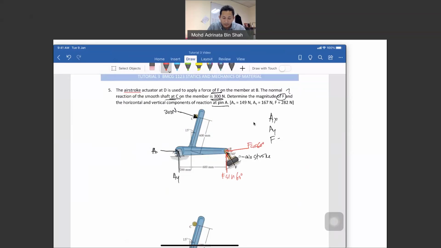We have F, AX, AY, and we have 300 Newton, which is this one. 300 cosine 15, and this one 300 sine 15.